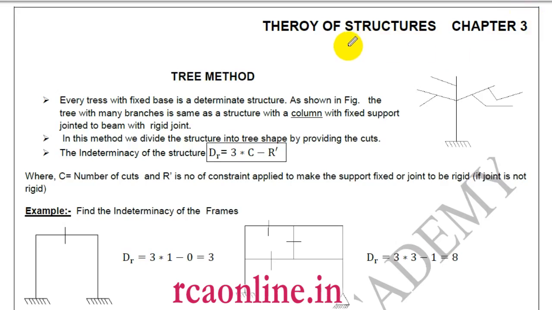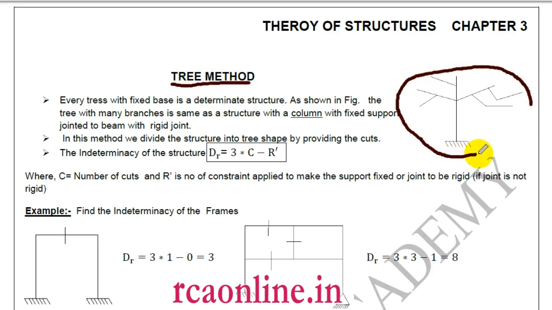Let us discuss another good method, which is the tree method. What this method says is that any tree with any number of branches will be statically determinate, which means the static indeterminacy of a tree is 0.